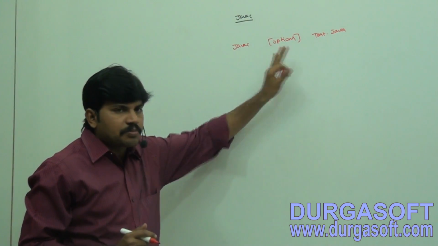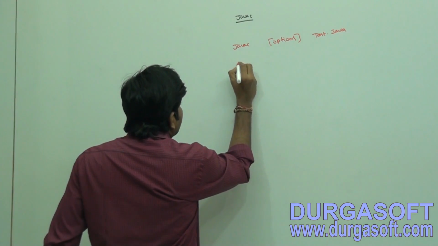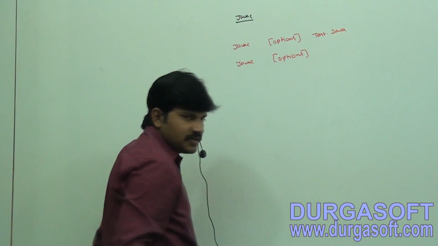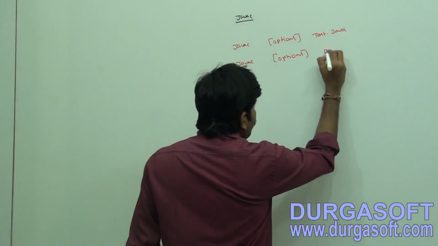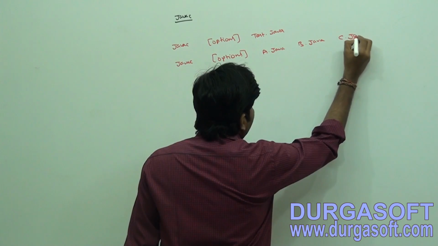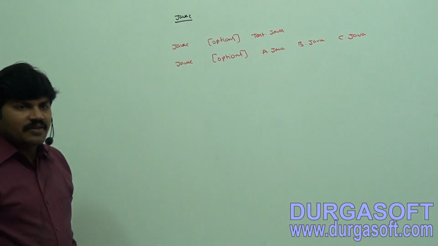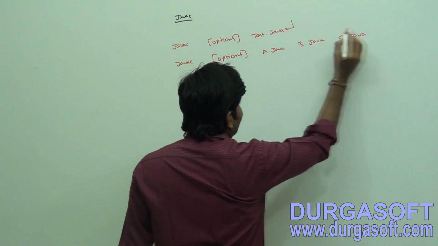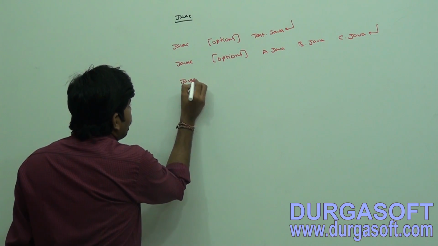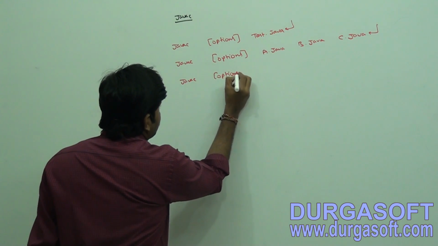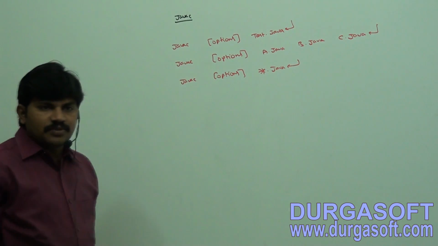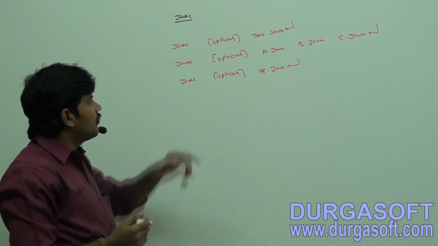Or sometimes javac various options A.java, B.java, C.java. Or sometimes we can use javac various options followed by star.java.